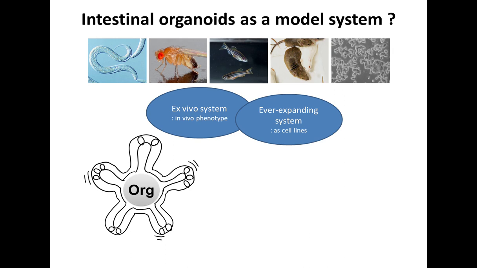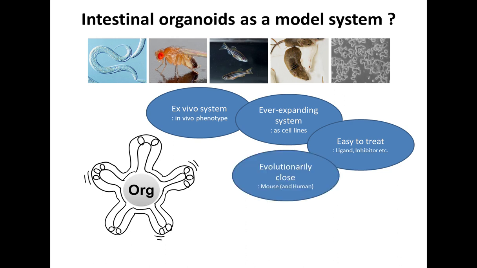So this gives you a lot of freedom. It's a very tiny culture, so ligand and inhibitor treatment is very easy, and you just need to use a very small amount, and you can observe the phenotypical changes. They are very close to us, so you can either use mouse organoids, or you can even try to use human organoids to study human biology.